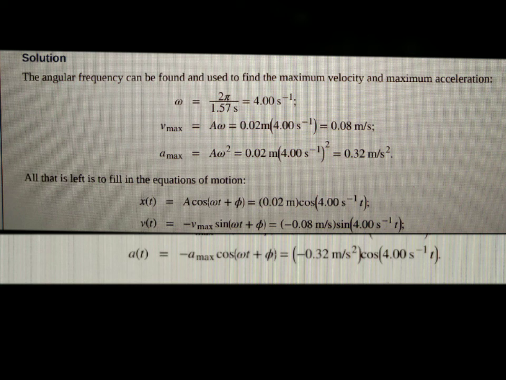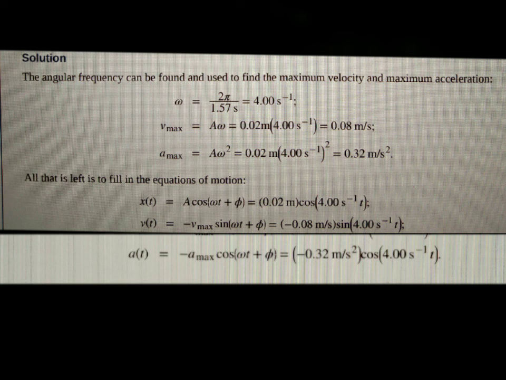And lastly, a of t equals negative a max cos, open parenthesis, angular frequency times time plus the phase shift, which equals negative 0.32 meter per second squared cos of 4.00 second to the power of negative 1 times t.